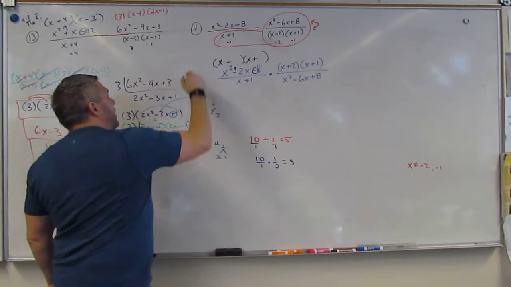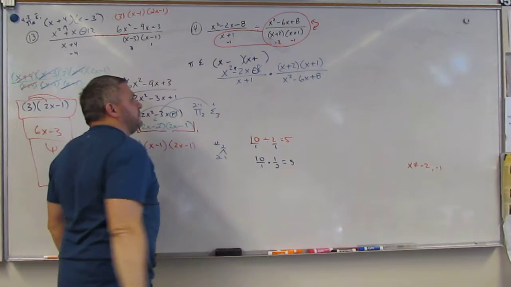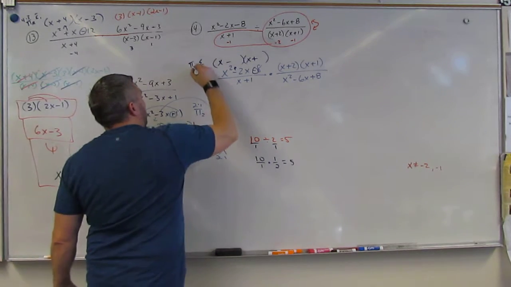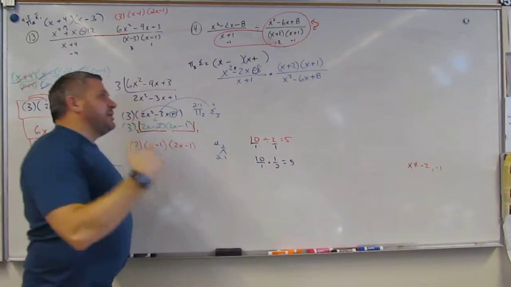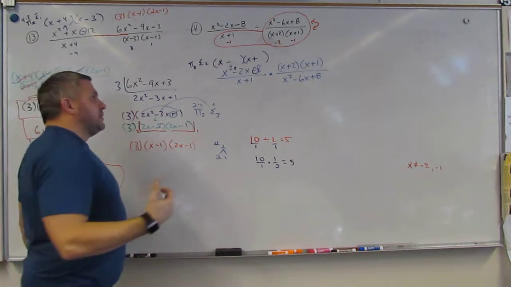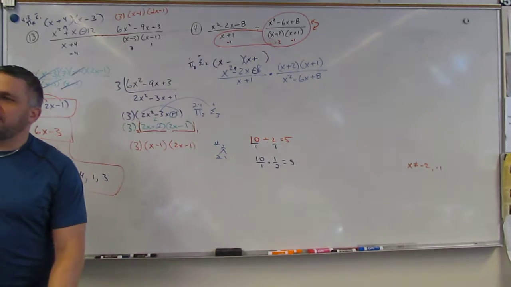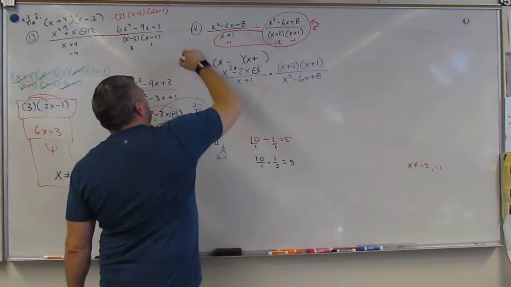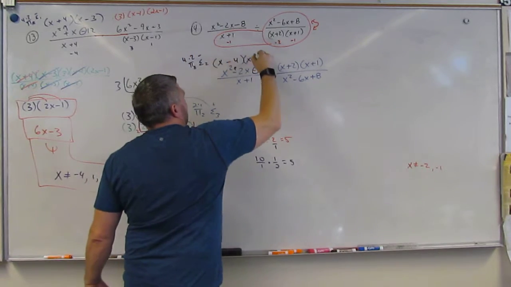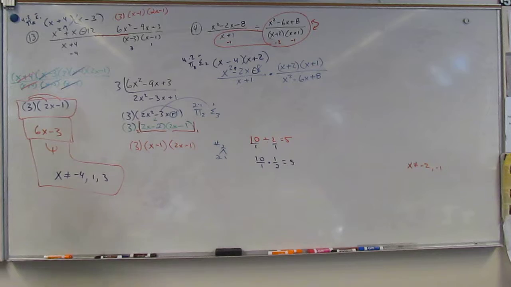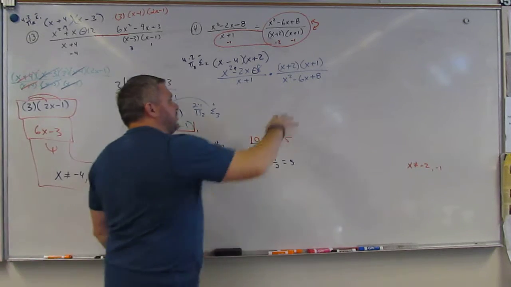And then what's the product and what's the sum? 8 and 2. Are we adding or subtracting in the sum? Subtracting. So what multiplies to be 8? 4 and 2. See? Cake. It should be that easy. It really should be.